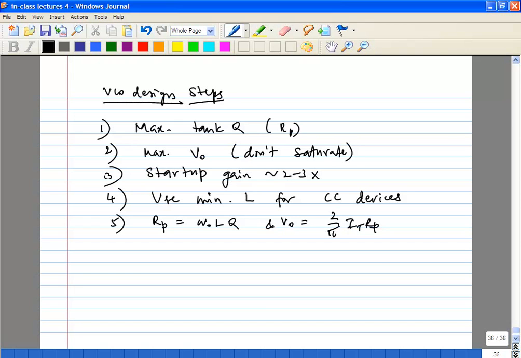So we know these two things. From 1 and 2, you want to maximize L and Q at the same time. In other words, choose the largest L, which will give you the largest Q.